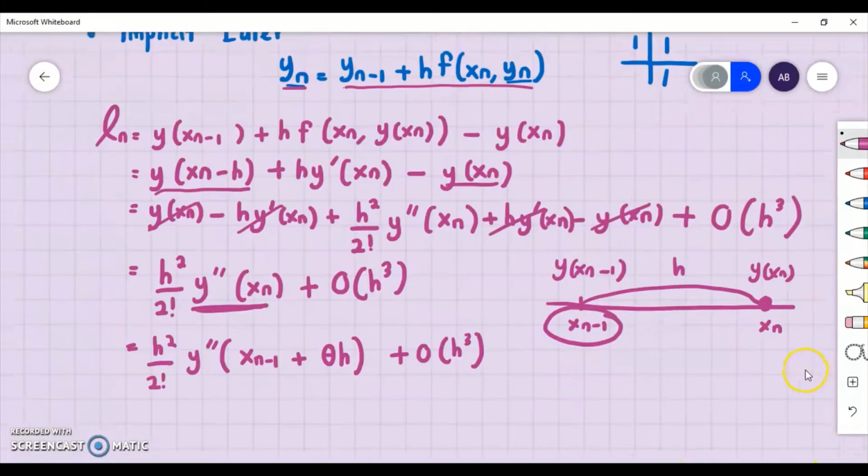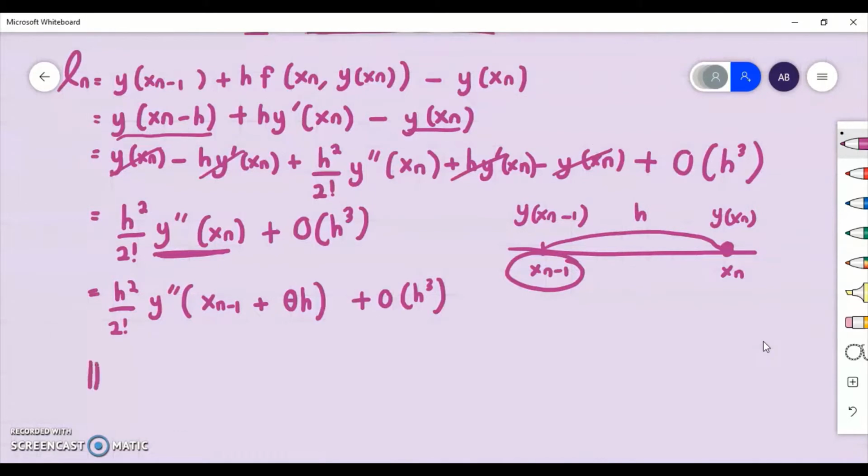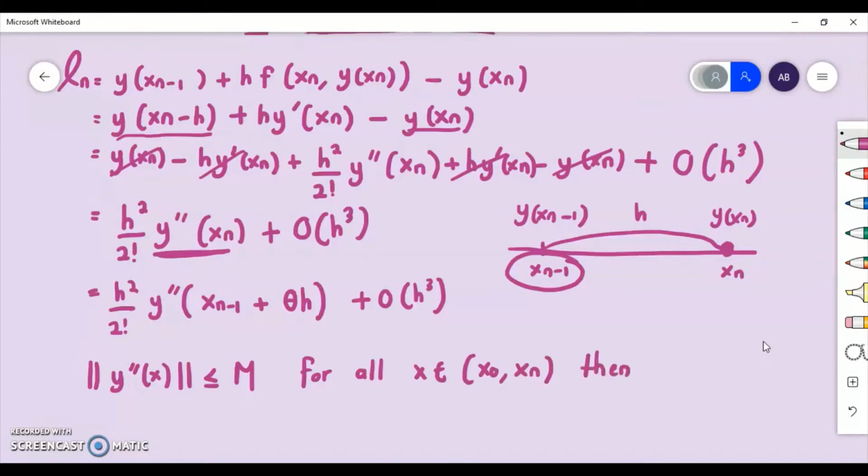Okay, now why am I writing theta h here? To check the convergence, I can say that if the second derivative of y is less than or equal to M, for all x in the interval, then I can say that the local truncation error is also less than or equal to h squared over 2 times M, for all n.